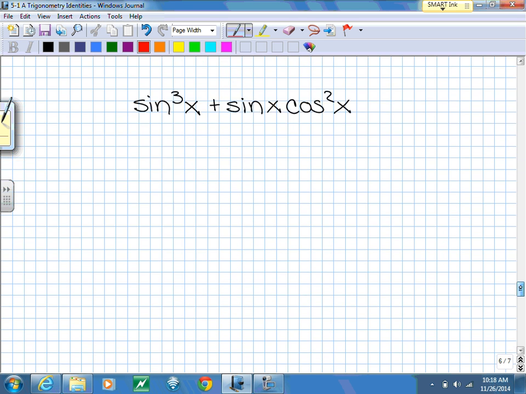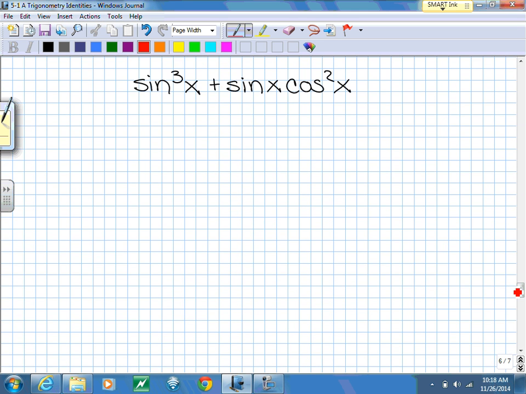One more example, taking the sine x to the third power plus sine x times cosine x squared. We can always use our properties of factoring with the problem here. Think of this right here as x to the third plus x times y squared. We can take an x out of the problem, leaving me with x squared plus y squared.